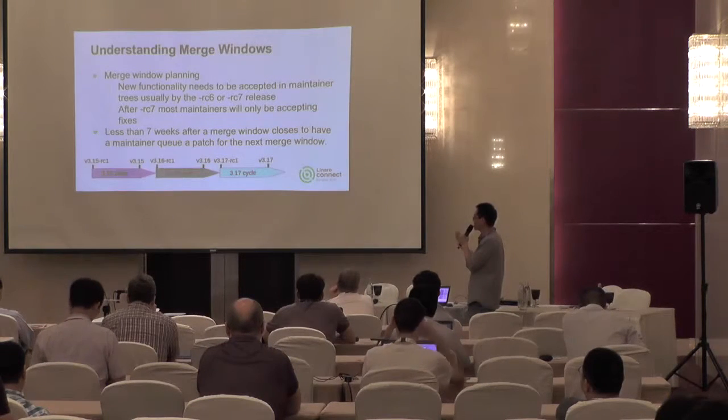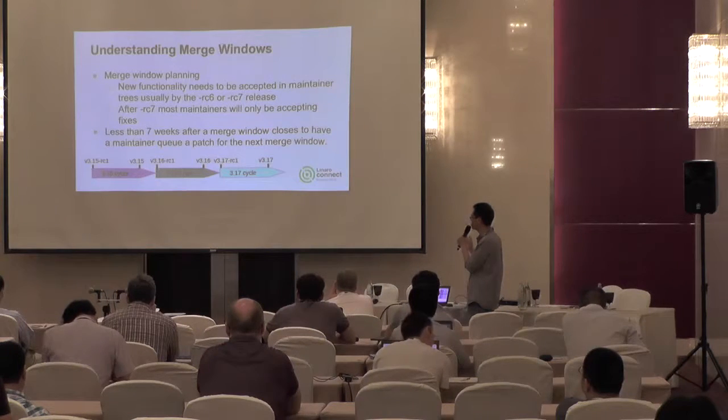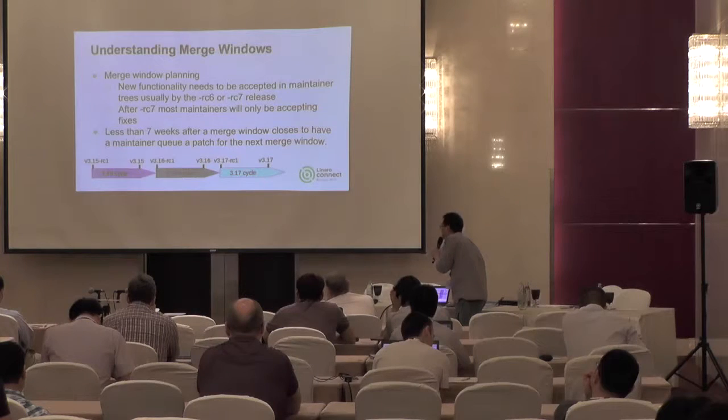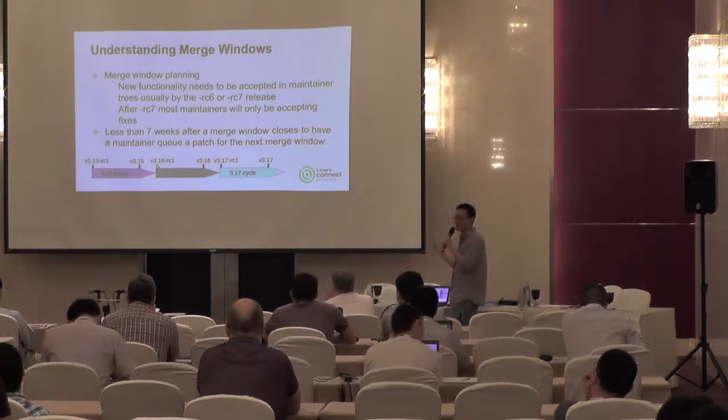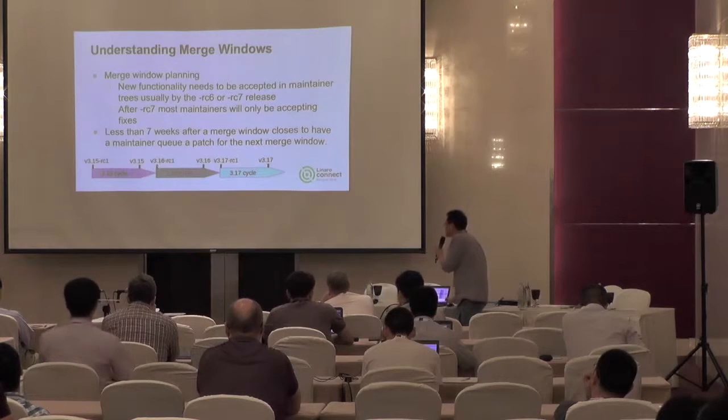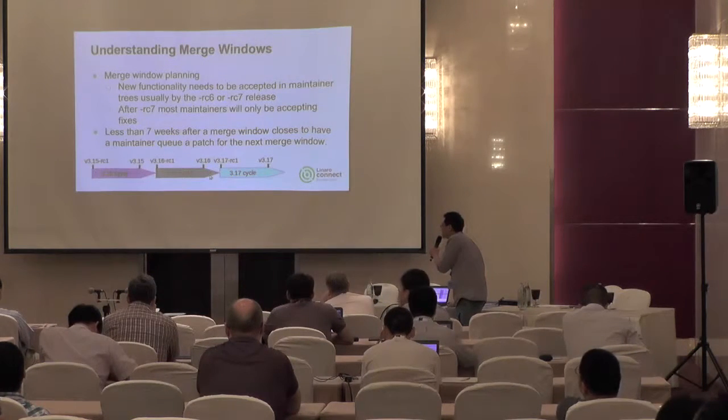That means there are less than 7 weeks after the merge window closes for a maintainer to queue a patch for the next merge window. For example, here I have 3.16-RC1, which means that Linus has closed his previous merge window. From here to the next merge window there are more than 7 weeks.